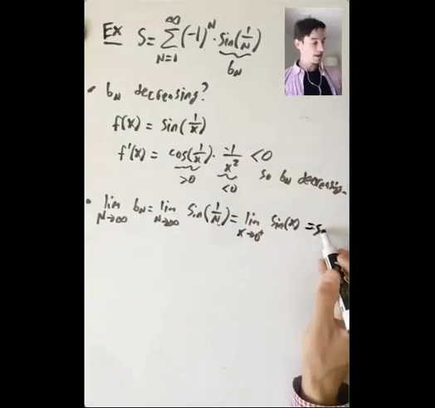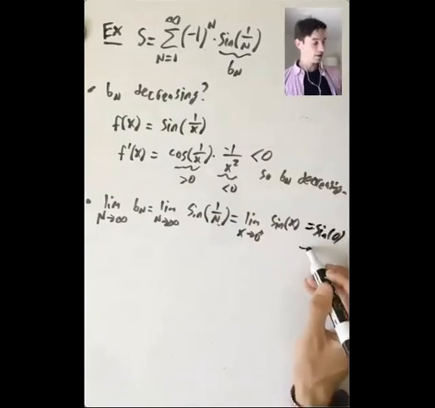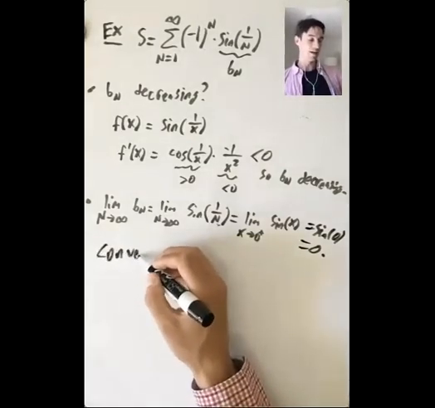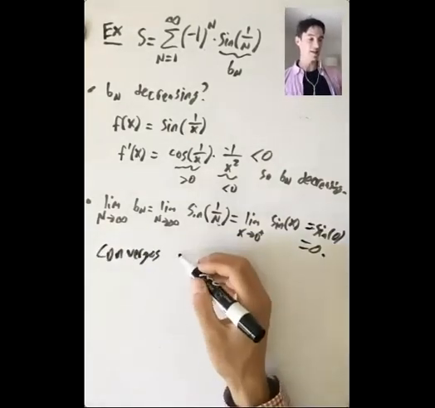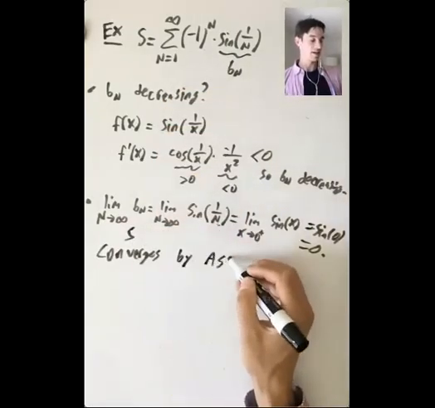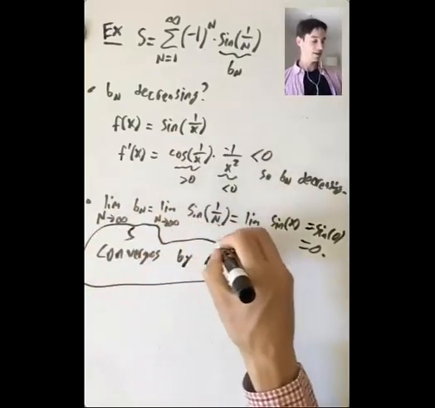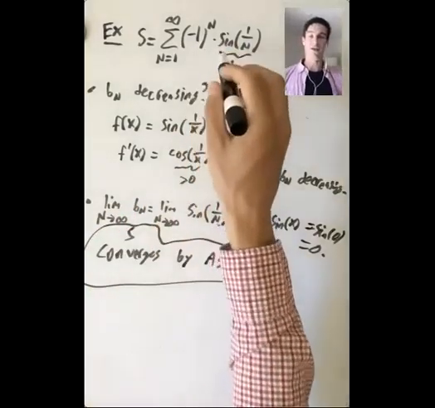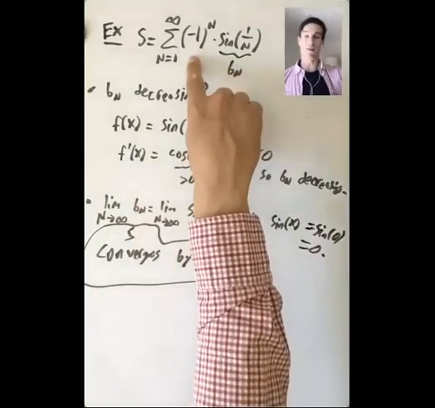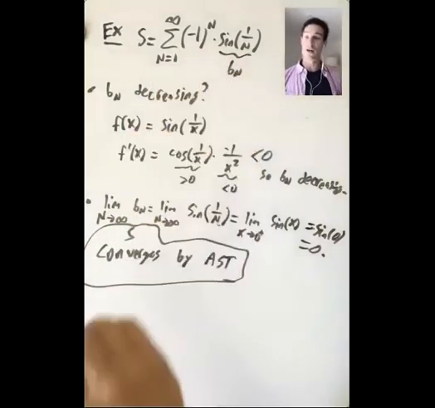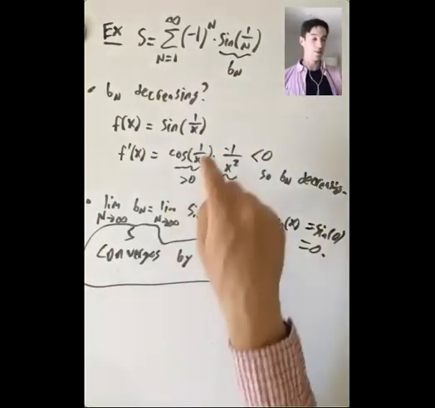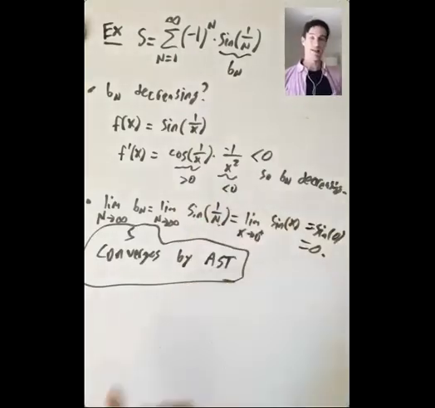So this really is sine of 0, which is 0. So we apply the alternating series test and see that this series converges by the alternating series test. So this is an example of a series that maybe looks complicated at the beginning. Remember, telling whether this series without the minus 1 to the n converged or diverged was pretty tricky. But when you put in this minus 1 to the n, it's pretty straightforward to apply this test and see that the series converges.